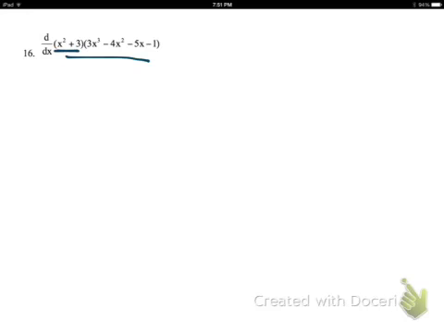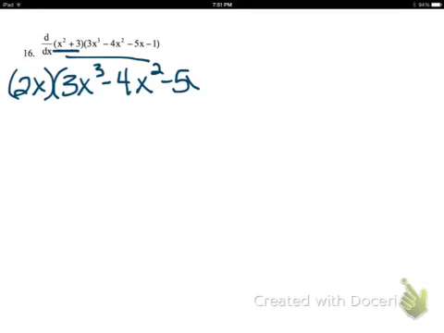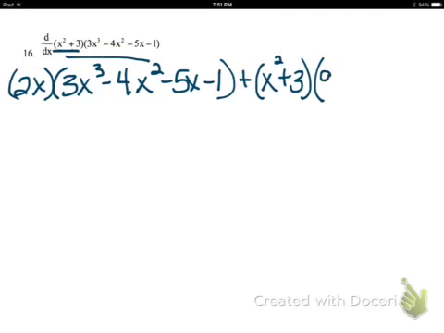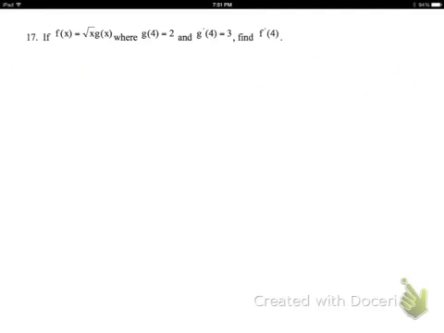The derivative of the first function would be what? 2x, times the second function, which is 3x cubed minus 4x squared minus 5x minus 1, plus the first function, leave it exactly how it is, x squared plus 3, times the derivative of the second function, which is what? 9x squared minus 8x minus 5.